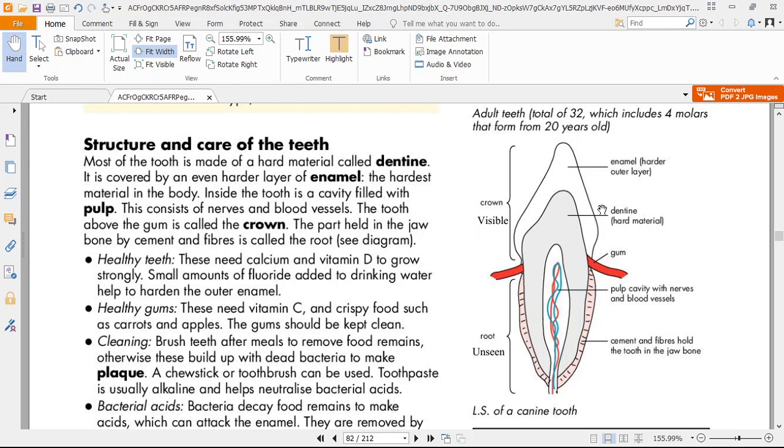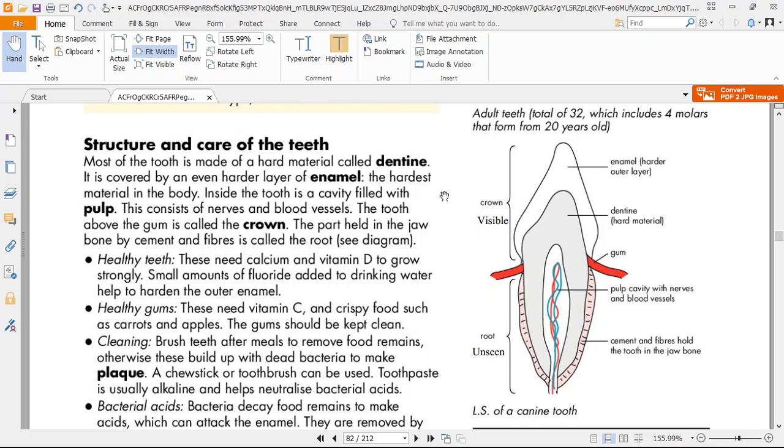Then the dentin is that piece inside. After you pass the enamel, the dentin is a hard material, and it is hard because it protects the blood vessels and the nerve vessels within it. Within this section we call the pulp, you will have the nerves and the blood vessels.